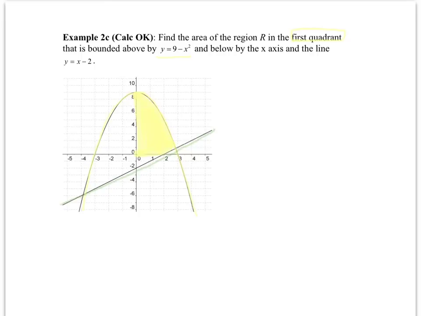It's a little bit small, but here's your top function for the shaded region. Notice that it never changes, no big deal. Your bottom function originally is the line y equals 0, and then it changes right there to the line y equals x minus 2. So this is actually two regions.